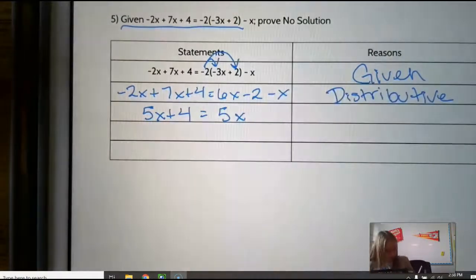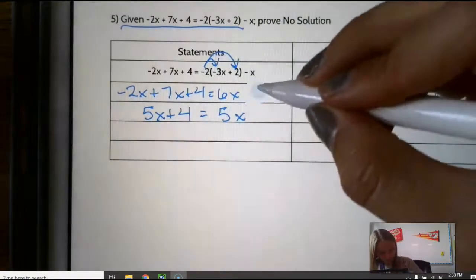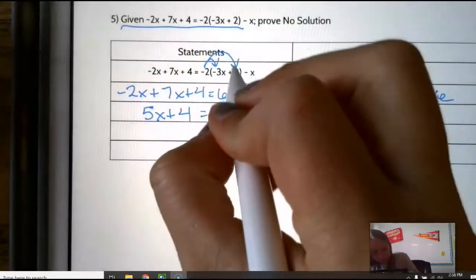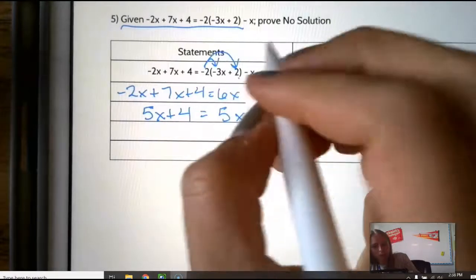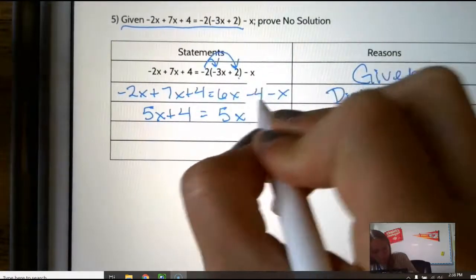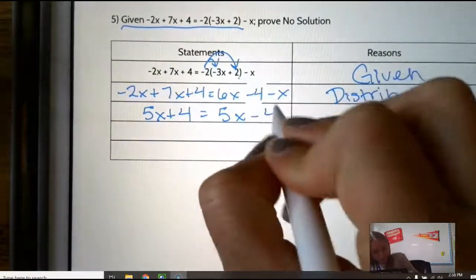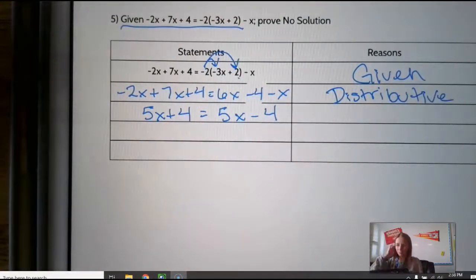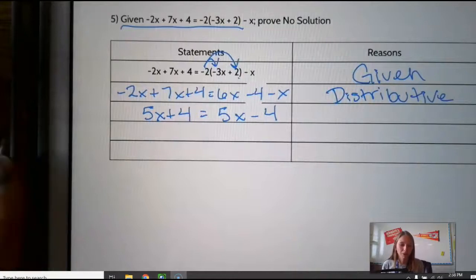Oh my gosh, I wrote the wrong thing there. I'm sorry. Negative 2 times 2 equals negative 4. My bad.